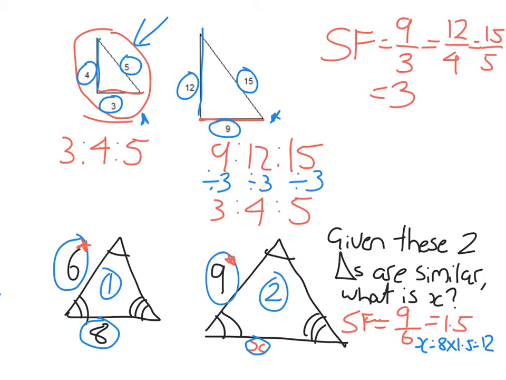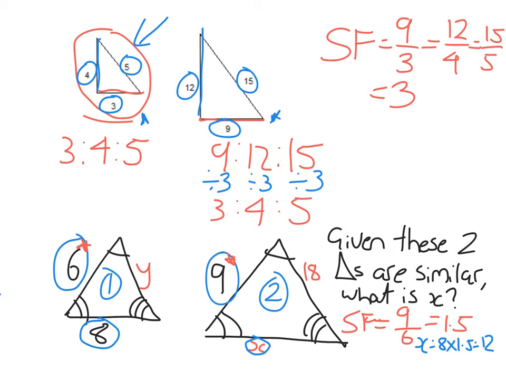Okay? Now let's say that I tell you that this side here is, say, 18, and you have to find this side here. Why? Well, we already know the scale factor's 1.5, but here we don't multiply, we need to divide, because we're going from the larger triangle to the smaller triangle.